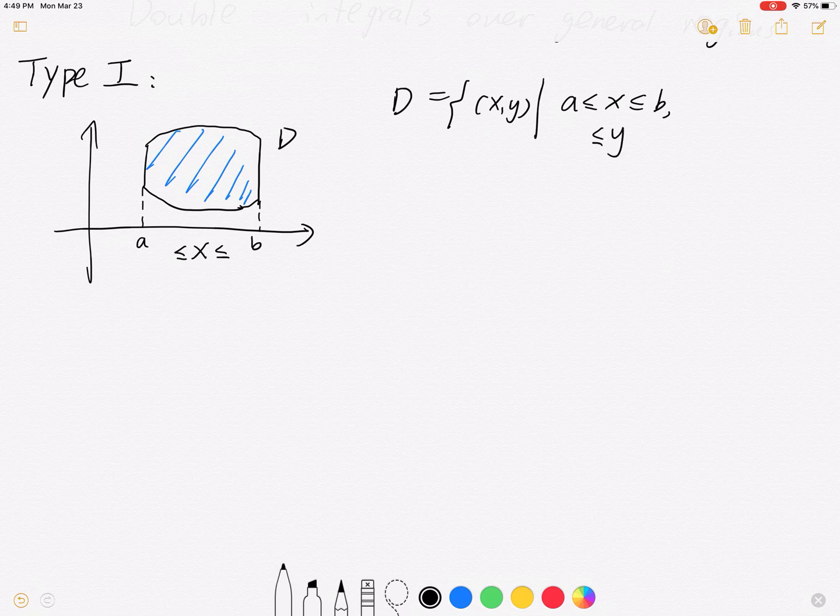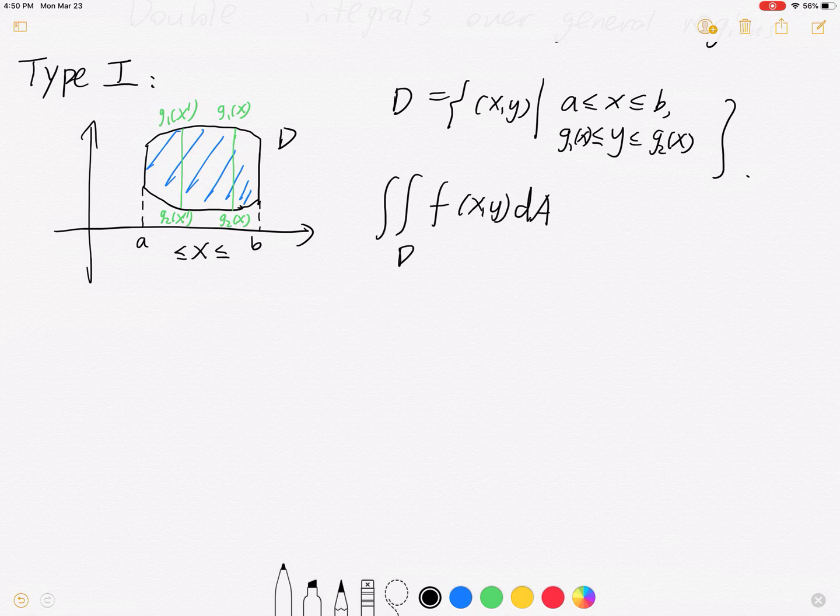But for Y, for each fixed X, you will have different ranges for Y. So it's given by two functions of X. If we write down the integral, here we will focus on the region instead of the function.